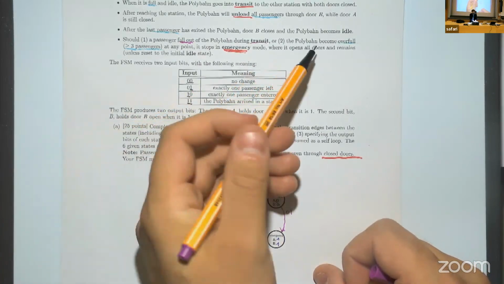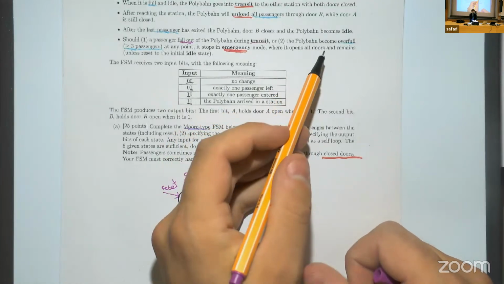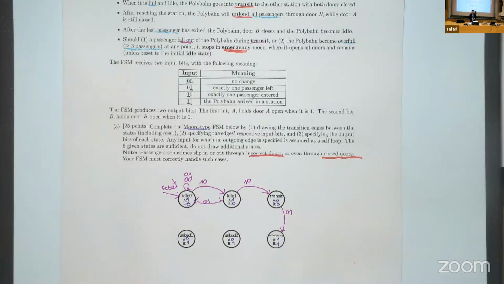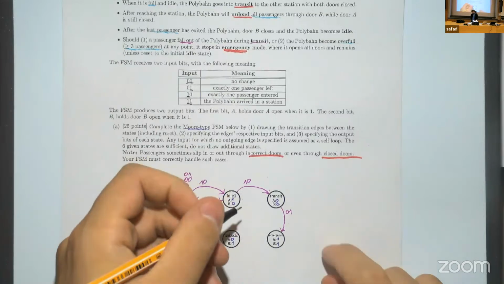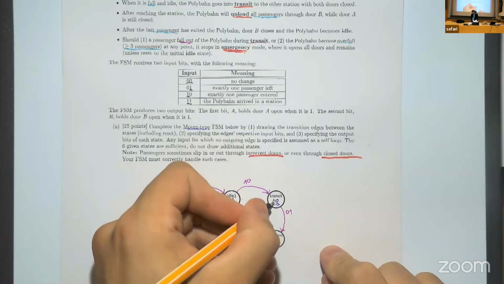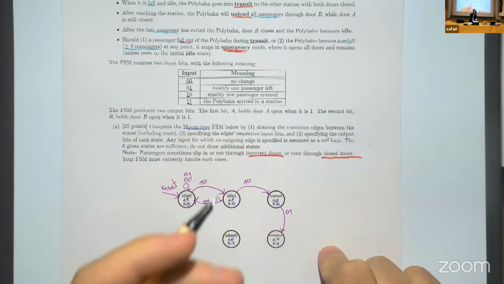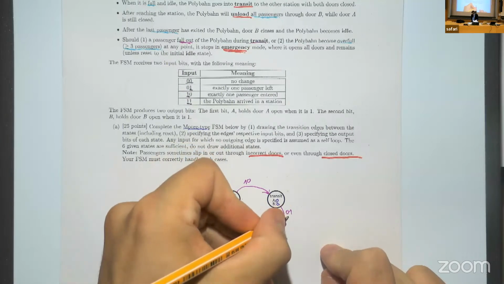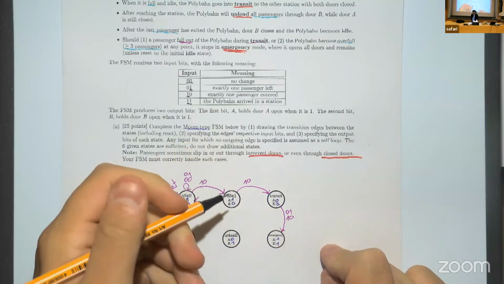And then we also have the option if the polygon becomes overfull at any point, so at least 3 passengers, then it should also go into emergency mode. Now, the only 2 times we really have at least 2 passengers is in transit and in unloading. So if during transit somehow there's a passenger hopping on unexpectedly and the polygon is too heavy now, it's overfull, then we should also go to emergency as specified here.